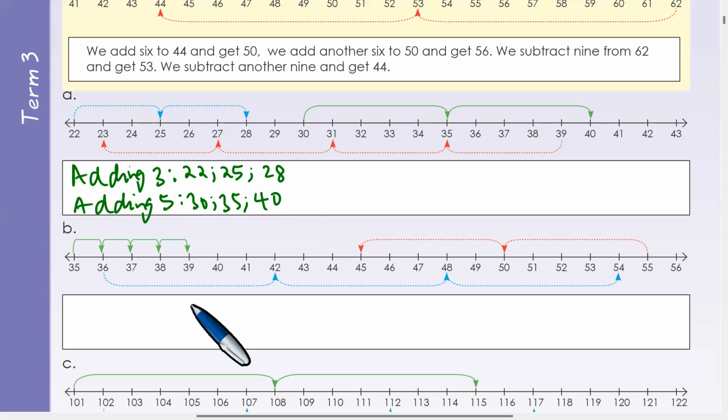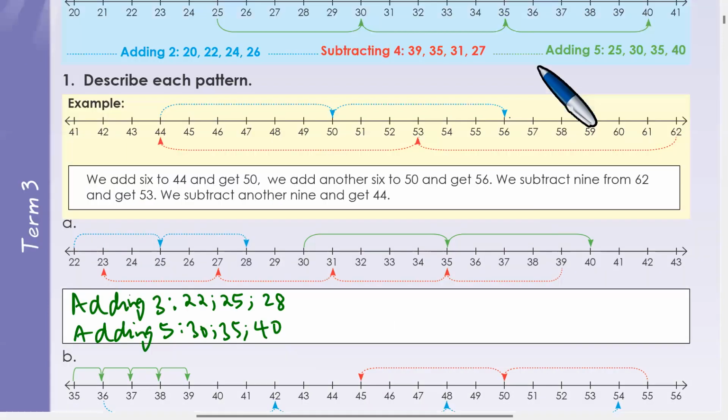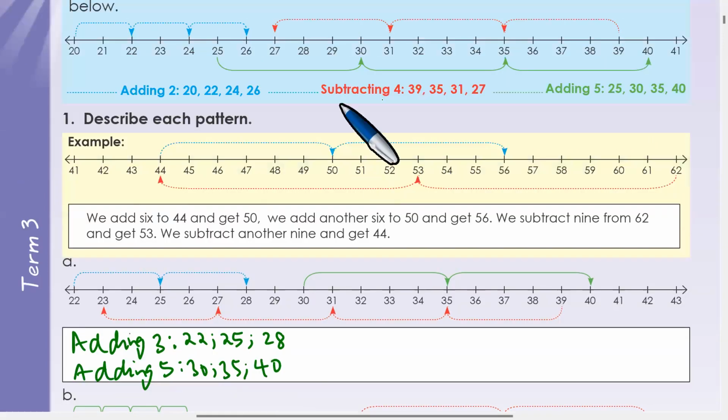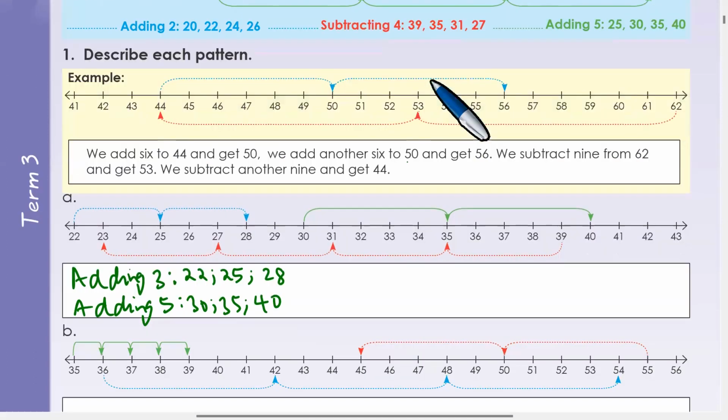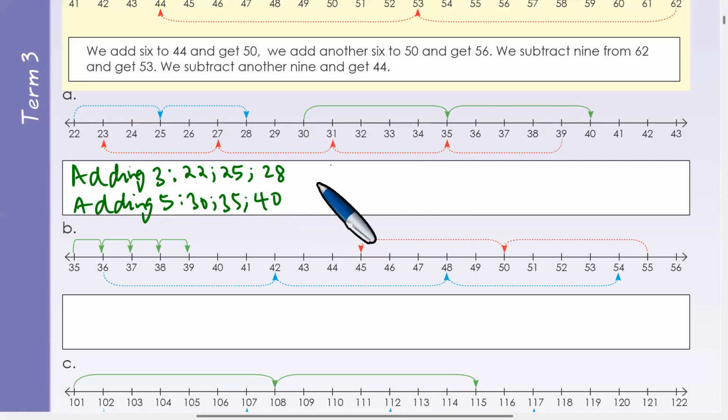Next, now you are subtracting, because now you are moving in the opposite direction, from a big number to a small number. And then you write subtracting. And then you start from the biggest one. Right, so you're going to write subtracting here.